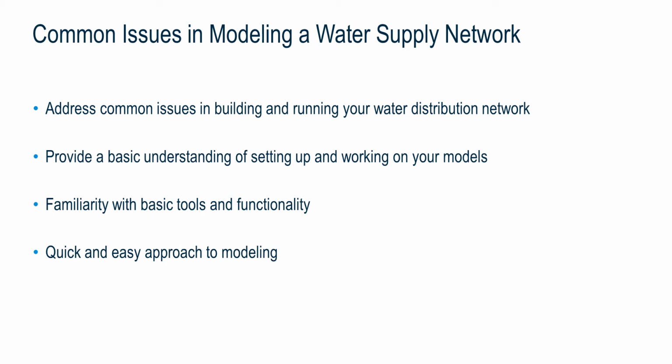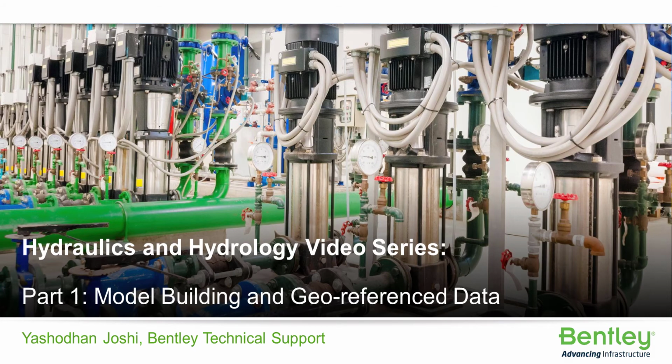With this, let us move to part 1 of this video series, in which we discuss geo-referenced data. So before we start working on our WaterGEMS model, let us take a look at what information we have to build our network.